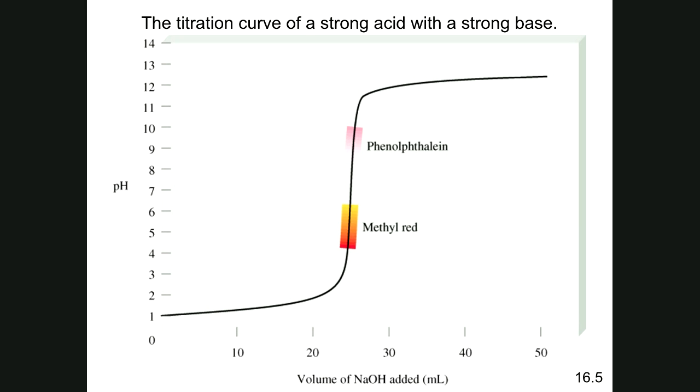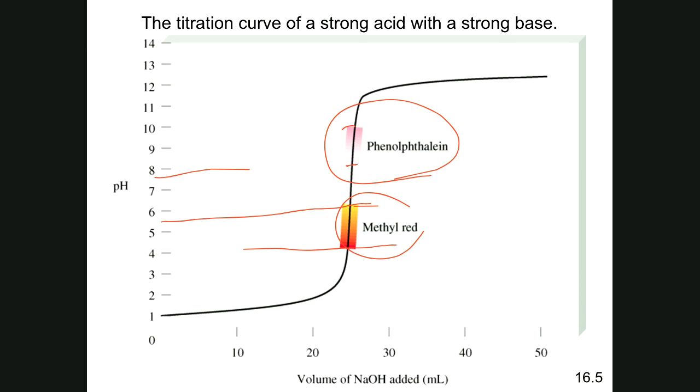If you have a strong acid and a strong base, you could use either one of these two. With phenolphthalein the color change would be at the upper range, and for methyl red it would be at the lower pH, but still it's only a difference of one or two drops, so it's not going to be a huge difference in volume.